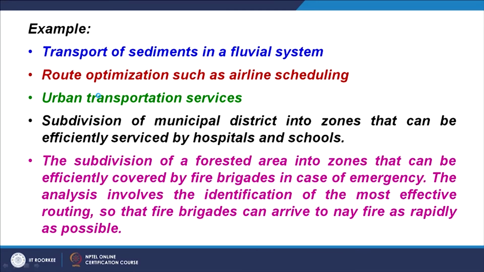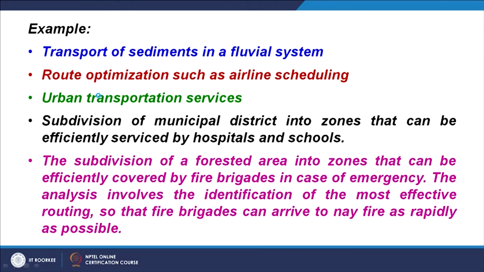There also, how much time a kid will take to reach the school, those optimizations can be done if required. And same with hospitals, and emergency services like fire brigades and ambulances. These things can be employed.